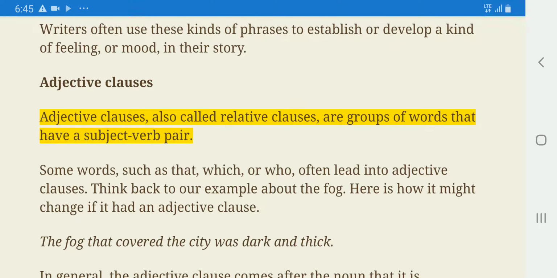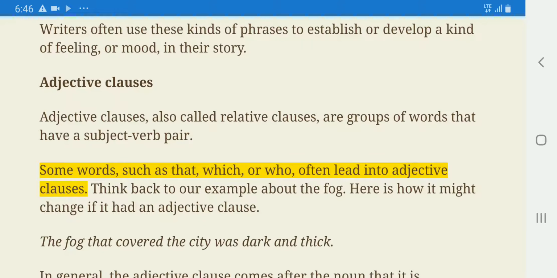Adjective clauses, also called relative clauses, are groups of words that have a subject-verb pair. Some words, such as that, which, or who, often lead into adjective clauses. Think back to our example about the fog.